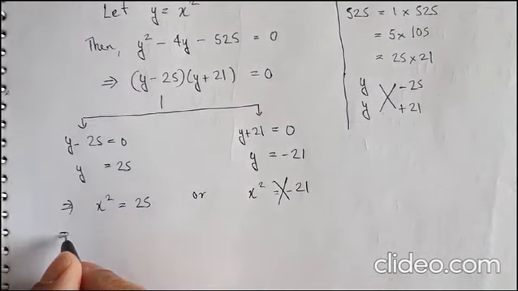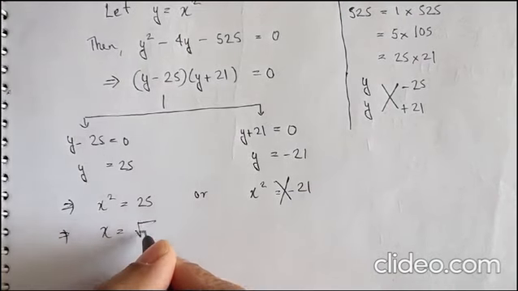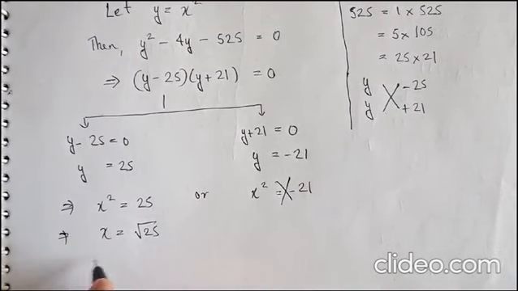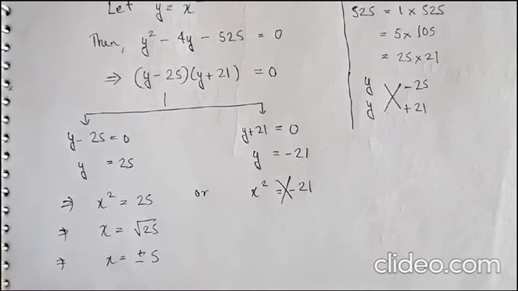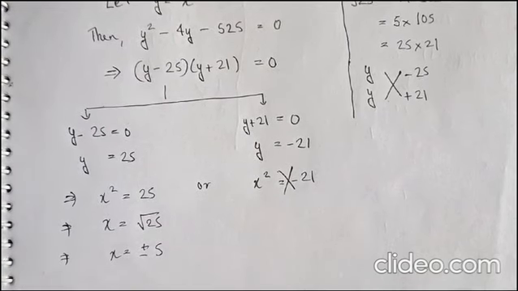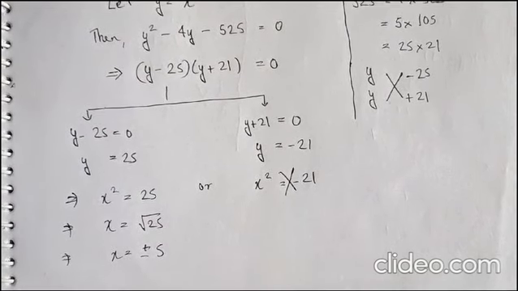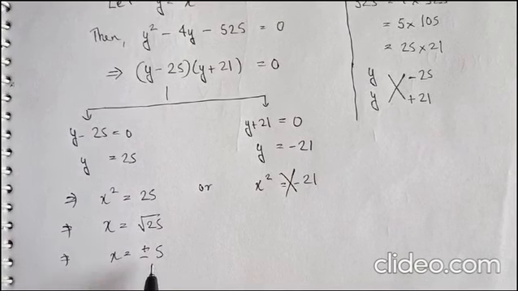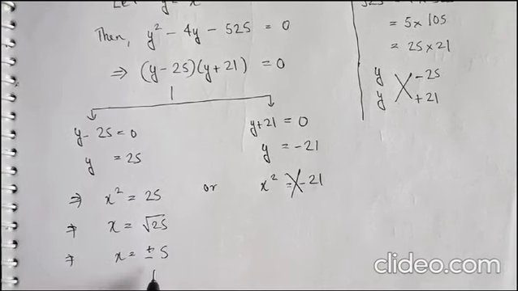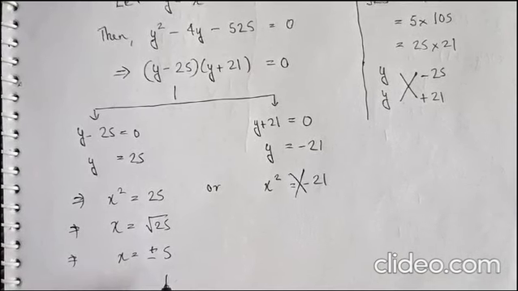And here we get x is equal to square root of 25, which means x is equal to plus minus 5. So as per the answer that you have inside the multiple choice question in your Olympiad paper, if it says plus 5, you just take plus 5. If it says minus 5, you take the minus 5.